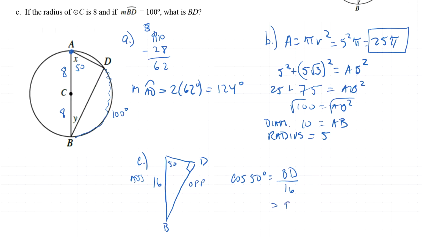And so BD is going to equal 16 times cosine 50 degrees. You would go ahead and multiply that out. I don't have a calculator with me right now, so you can take 16 times cosine 50, and that would give you the length of BD.